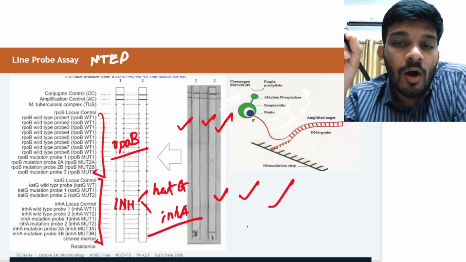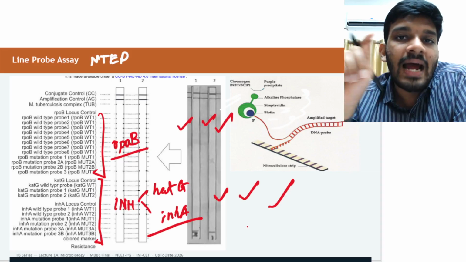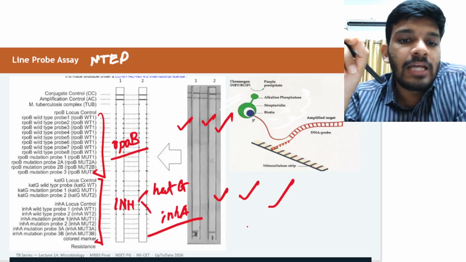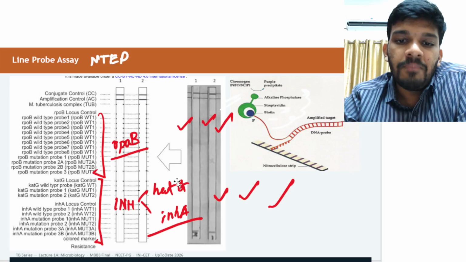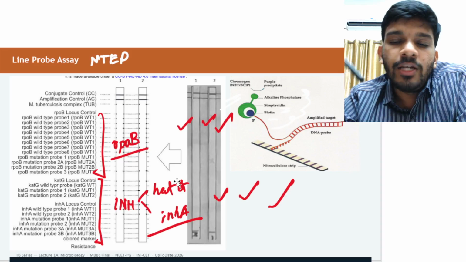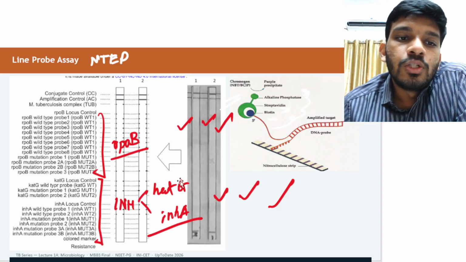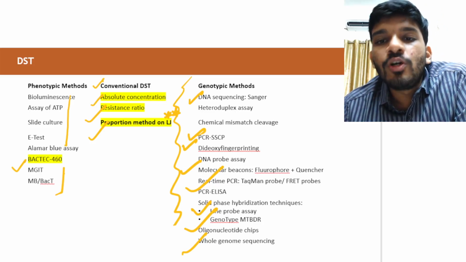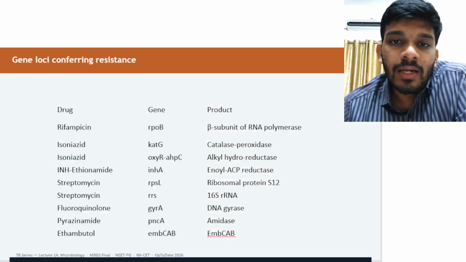It does not differentiate between bovis and M tuberculosis, and it also tells you rifampicin and isoniazid susceptibility. Based on this, you can tell whether it is a wild type or a mutated type, and you do not have to wait for culture. So what type of method is it? It is a genotypic method for drug susceptibility testing.